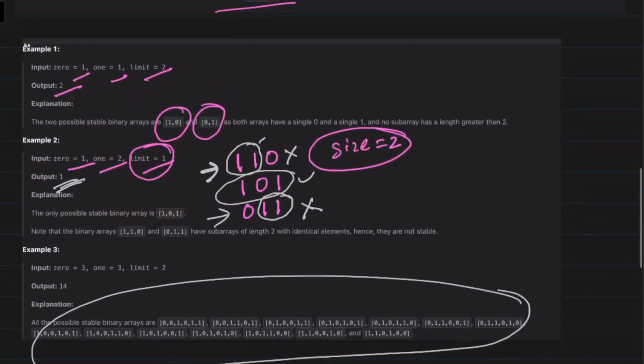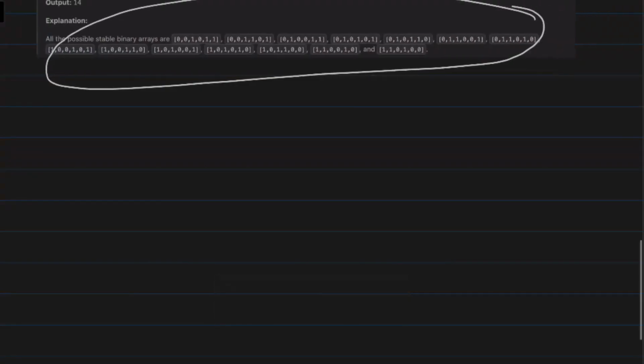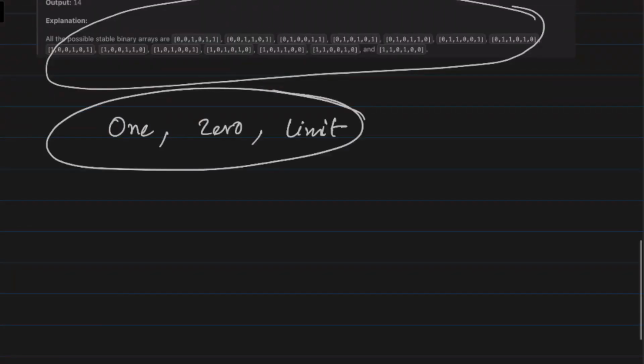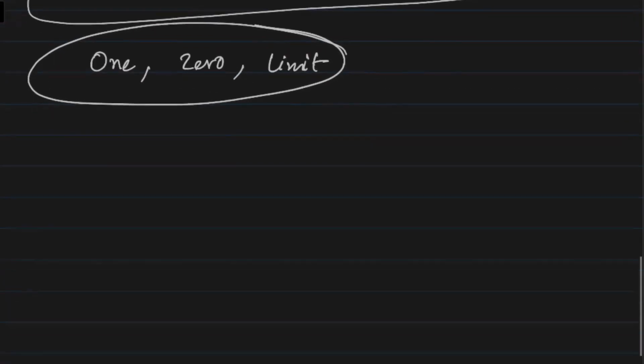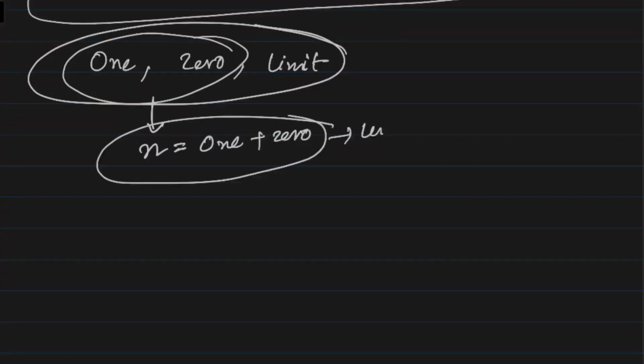So how are we going to solve this? In the brute force approach, for a binary string, how many characters are we going to have? We are going to have n equal to zero plus one, which is the length of the resultant array, each and every array.